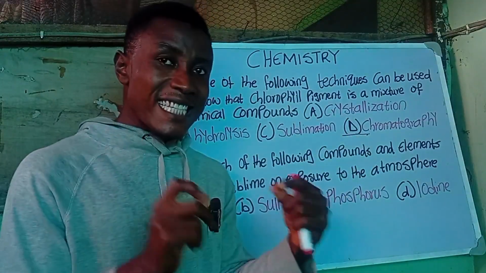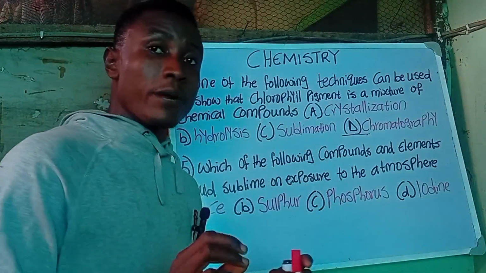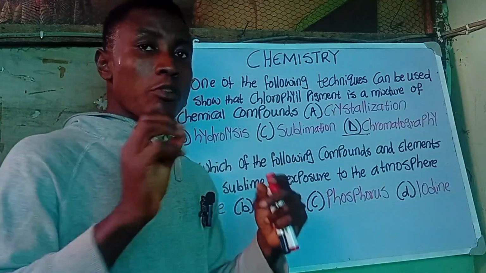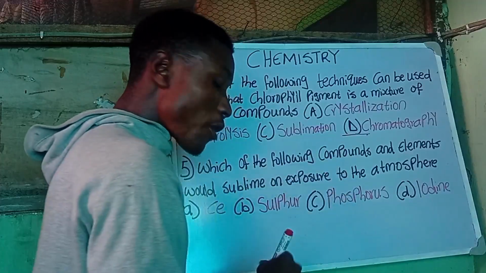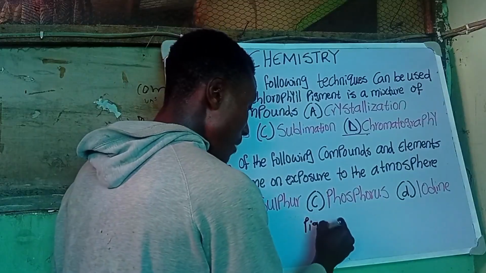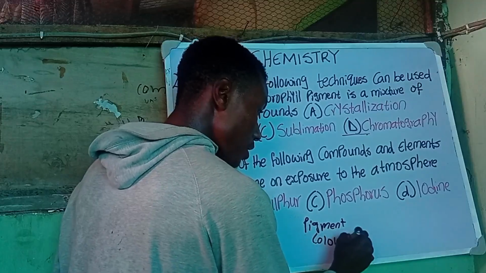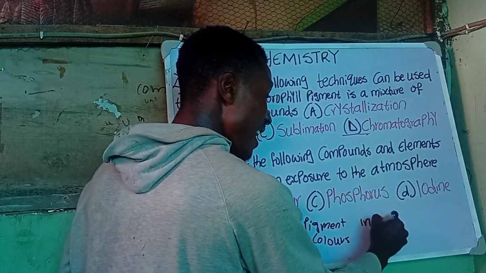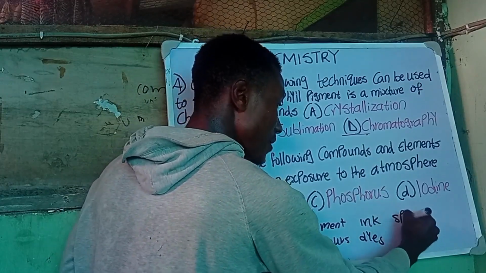Now I want you to get this idea. The moment you hear chromatography, which is an example of a separation technique, I want you to link chromatography to pigment. The first thing that should come to your mind should be pigments, colors, ink, dyes, and also speed.